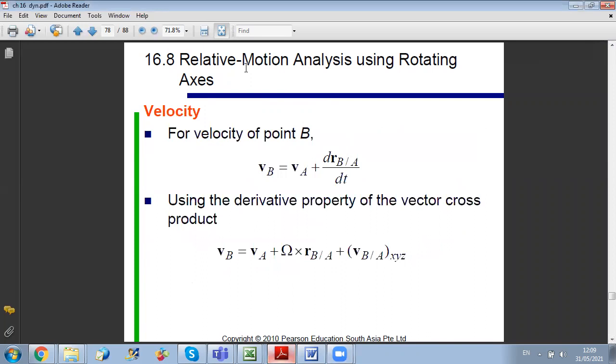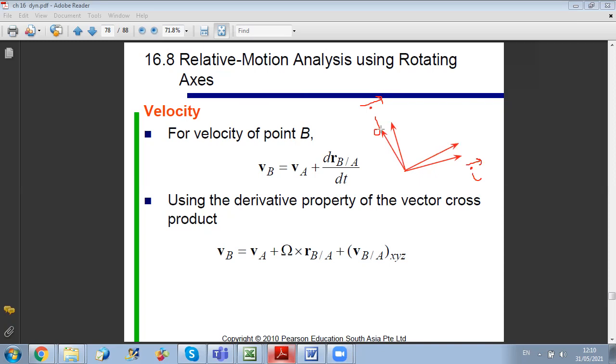If you consider vectors i, j at a certain position, this is i, j. Now, your frame is rotating. So if I take a very small time step, the vector i will be in this position, like the unit vector demonstration we did before, the same demonstration.